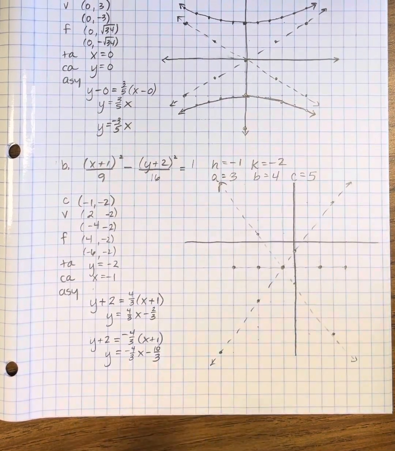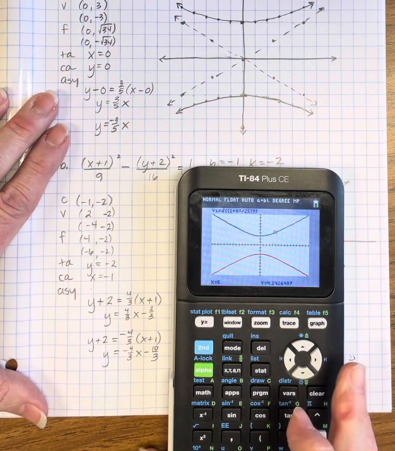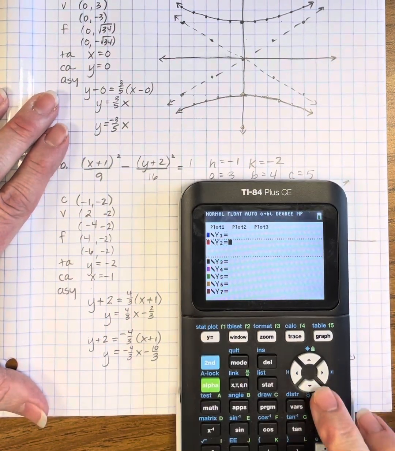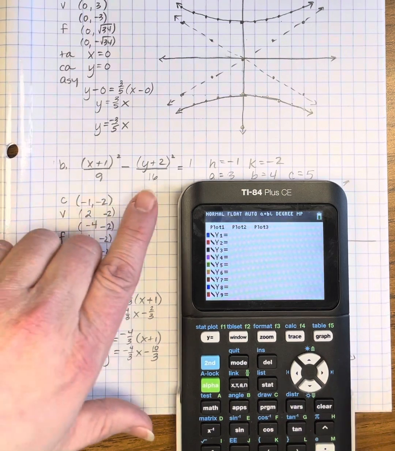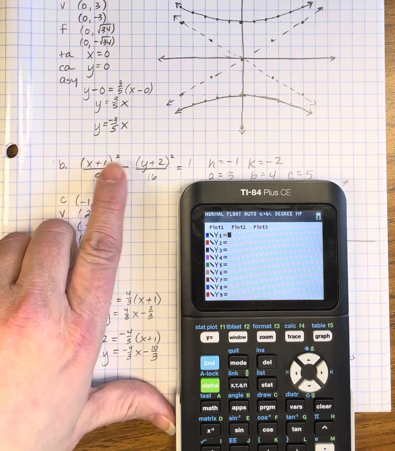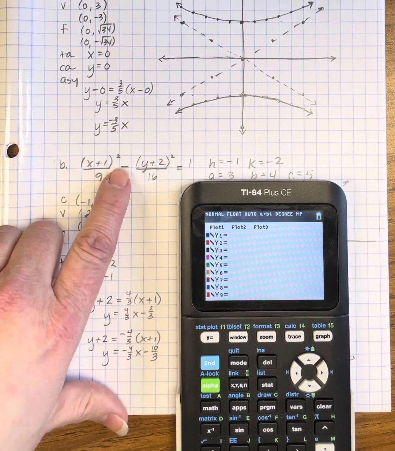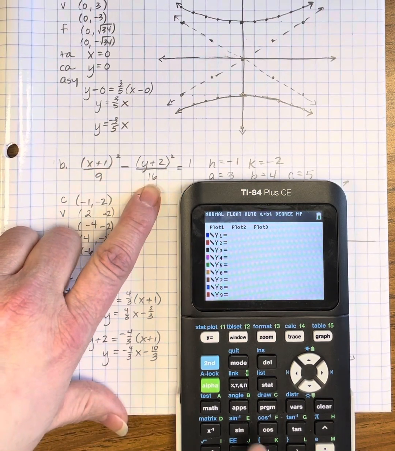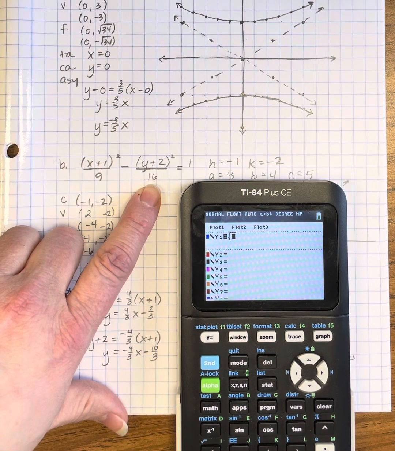Now we go to the calculator. So if I'm going to solve for y, I'm going to subtract this to the other side. So I'll have 1 minus this. Then I'm going to multiply by negative 16. Then I'm going to take the plus or minus square root of both sides.